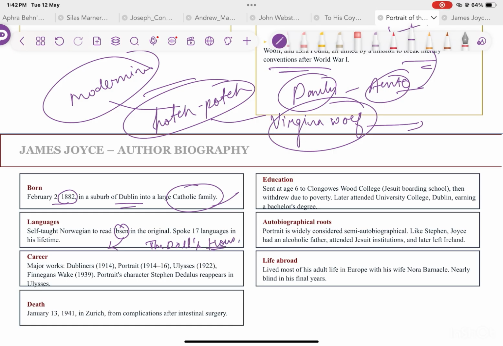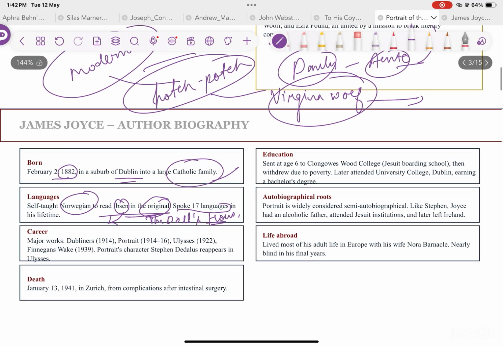He self-taught Norwegian to read Ibsen in the original form, and he spoke 17 languages. And major works were Dubliners, Portrait, Ulysses, Finnegans Wake, and Portrait's character Stephen Dedalus reappears in Ulysses.